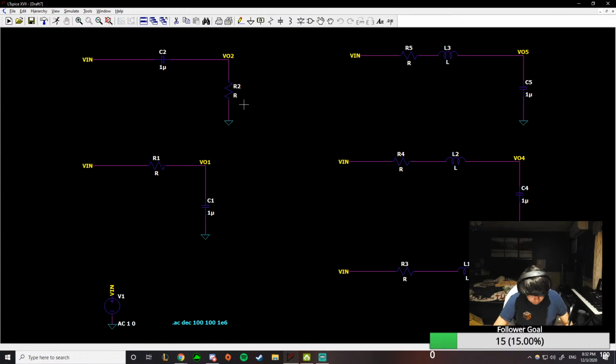So 4b will be negative j wC inverse all over R4 plus jwL.